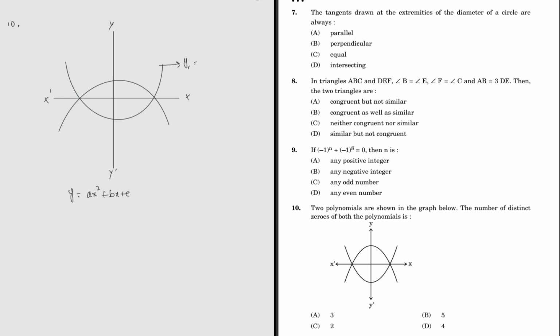Let us assume y1 is equal to a1x square plus b1x plus c1, and the second equation is y2 is equal to a2x square plus b2x plus c2. We'll assume the constants are also different.